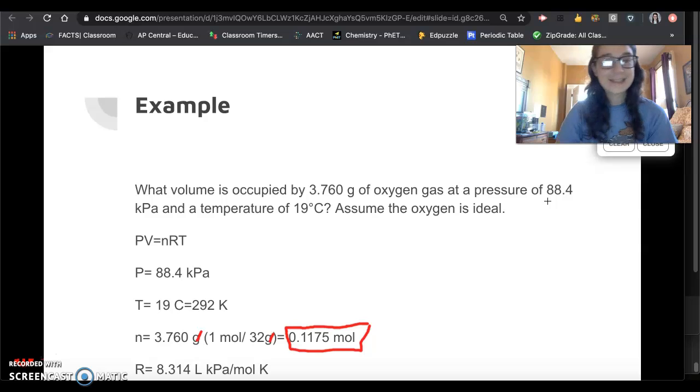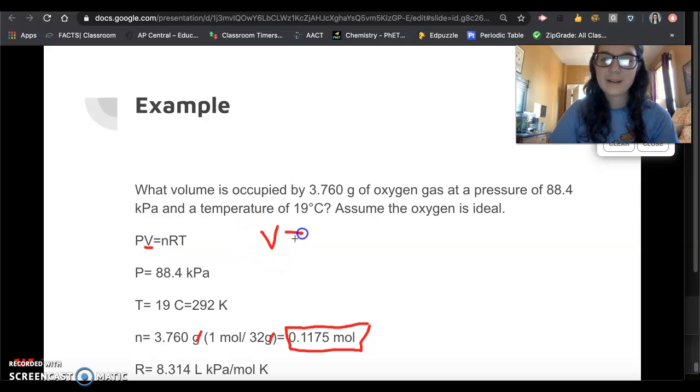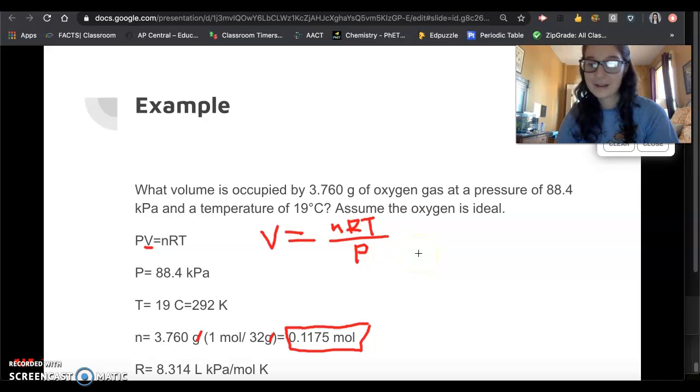So just because they didn't give me moles doesn't mean that I was stopped from using this equation and ultimately solving the problem. So what are we solving for? Volume. Here I can rearrange PV = nRT to solve for volume. So that would be V equals nRT over P, I just have to divide both sides by P. And then it's a simple matter of plug and chug.